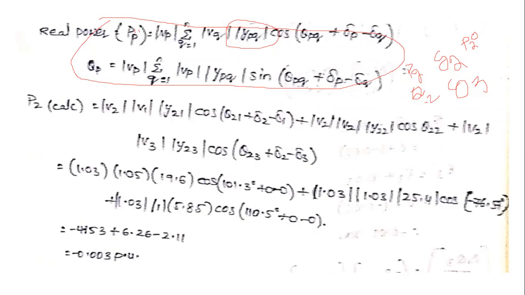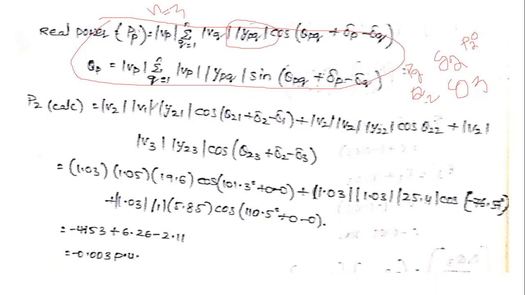PP equal to VP sigma Q equal to 1 to N, where this is a 3 bus matrix, therefore N is equal to 3. VQ YPQ cos of theta PQ plus delta P minus delta Q. Then expand this formula and substitute all these values.